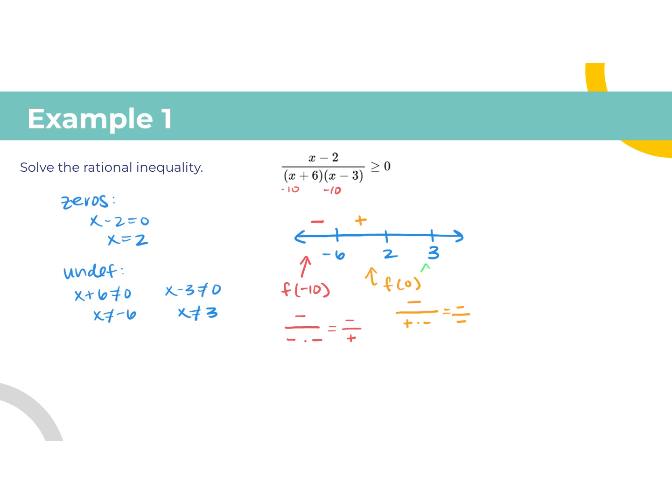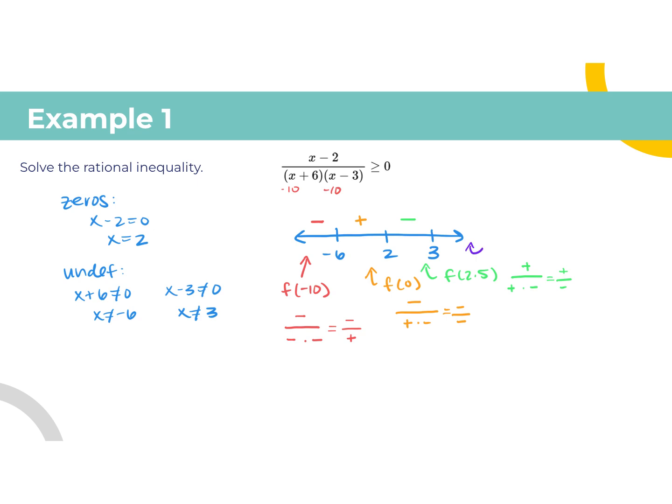In that third interval, I'm going to think about plugging in 2.5. You can pick any number that fits between 2 and 3. If I plug in 2.5, my numerator is going to be positive. In my denominator, I'm going to have a positive times a negative. So that would lead me to have a positive over a negative, which would end up being a negative output.